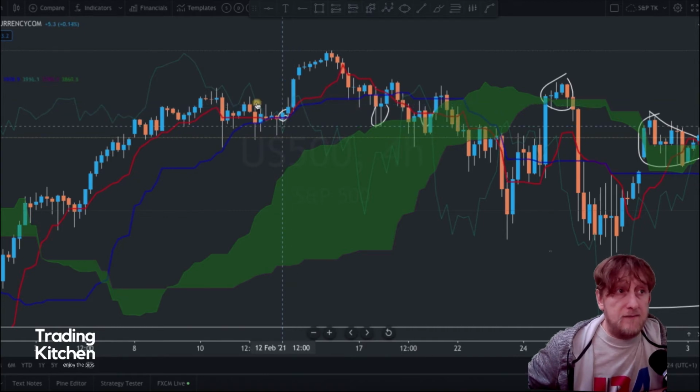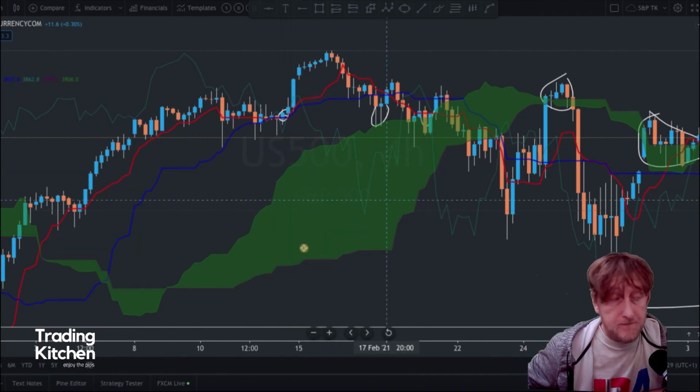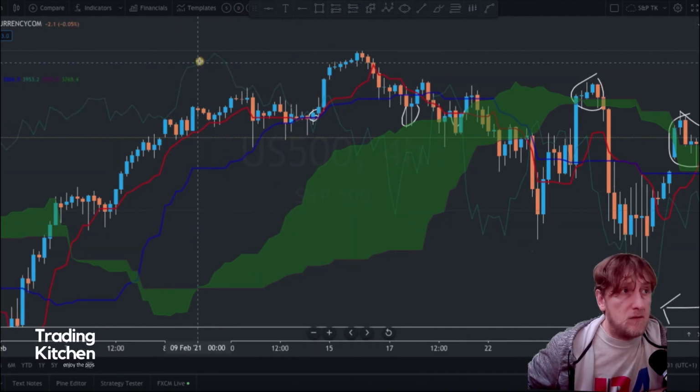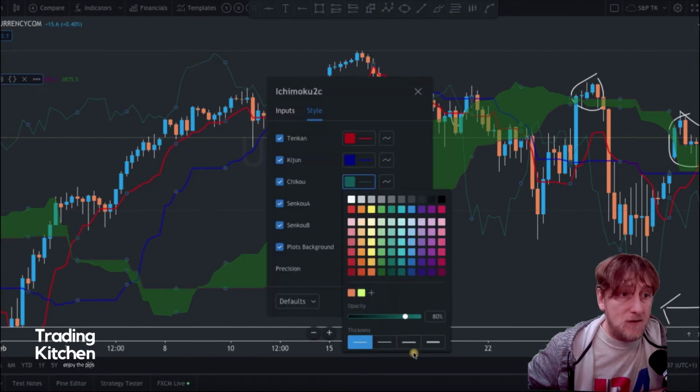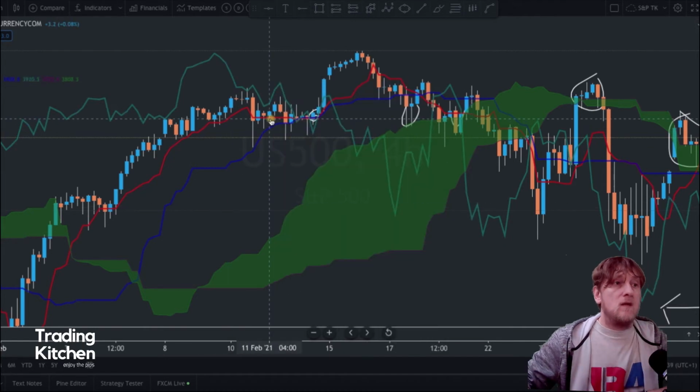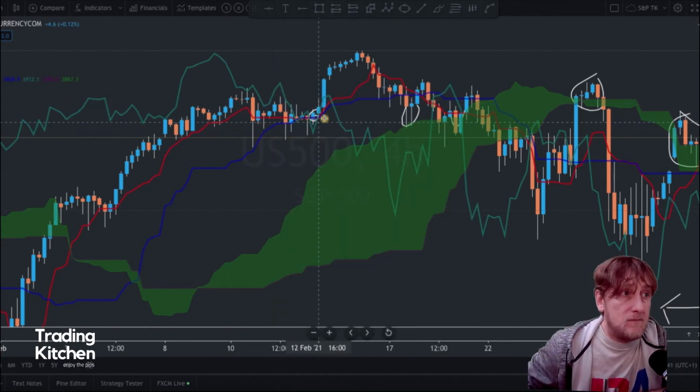Another good signal is that, as I told you before, price is above the cloud, and the ICHIMOKU line, which is the green line, is here.